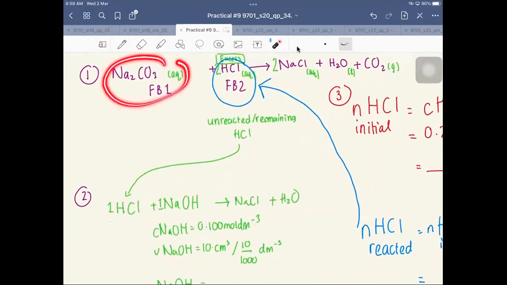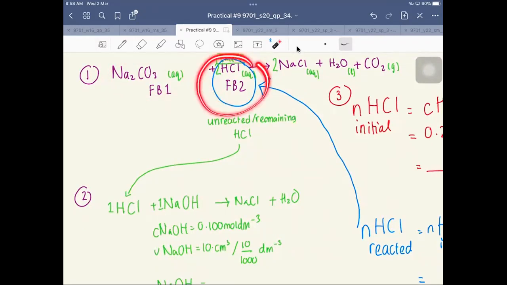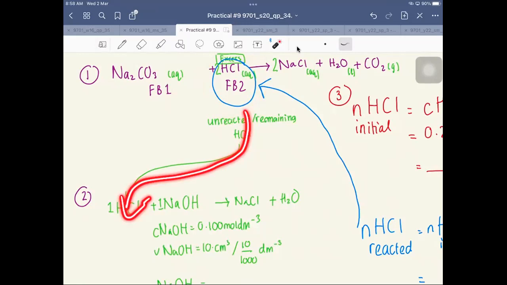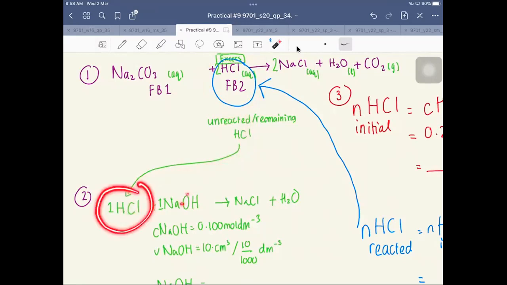So FB1 will react with my HCl, which is FB2. And the question already said that FB2 is in excess. Any remaining HCl, whatever is not reacted from this equation, will then be titrated with sodium hydroxide. The reason we want to titrate our unreacted HCl is that if we know the number of moles of sodium hydroxide, we can find the number of moles of HCl.